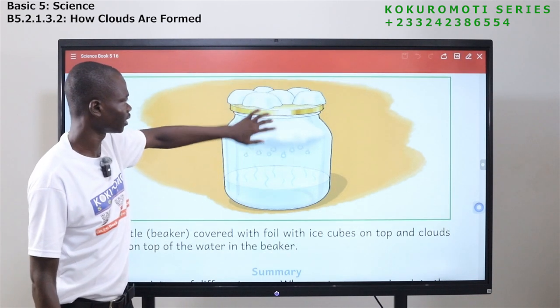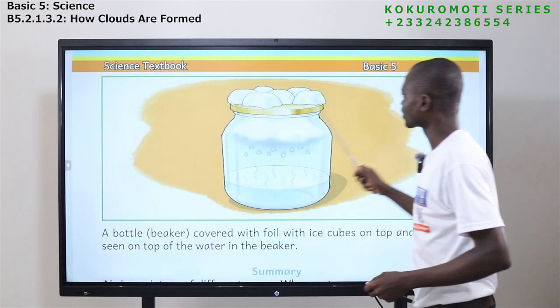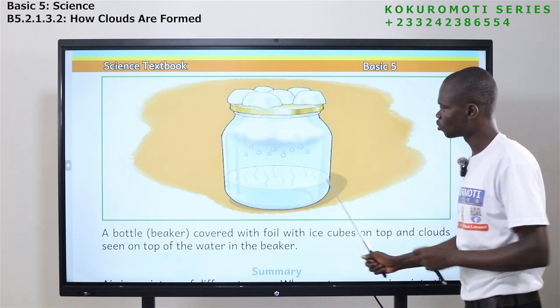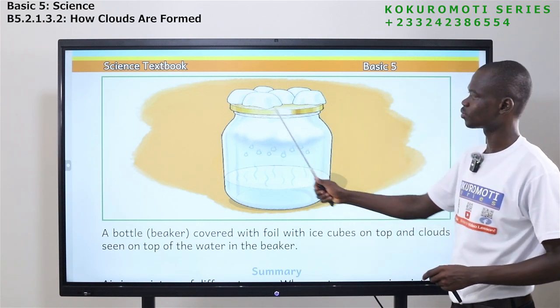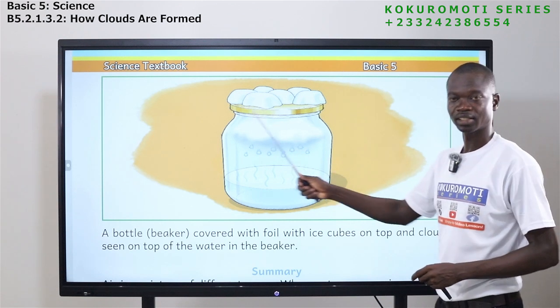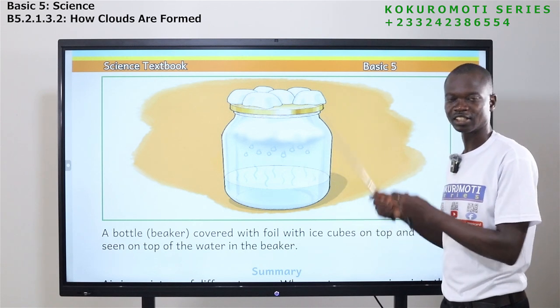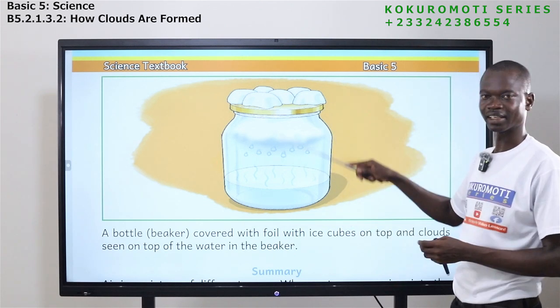The ice cubes here have made the lid very cold. So when the vapor rises and gets to this point, because of the cooled lid, the vapor is turned into water droplets and it will fall back again.